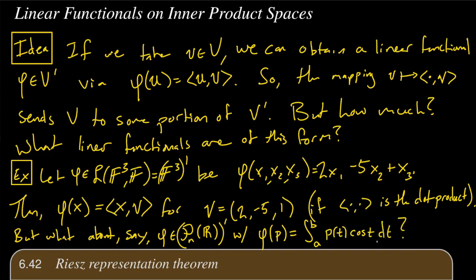Cosine is not a polynomial. It's definitely not a polynomial of degree n for any n. So is this not an inner product, or is it?